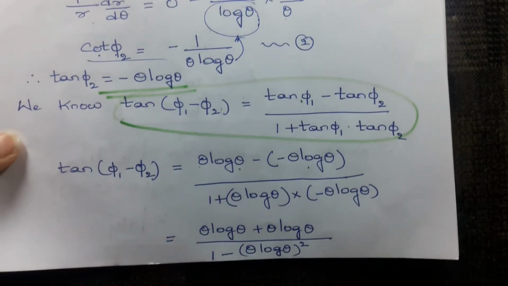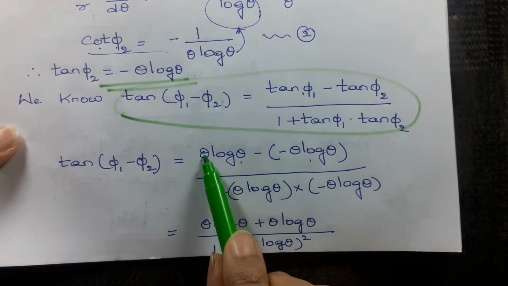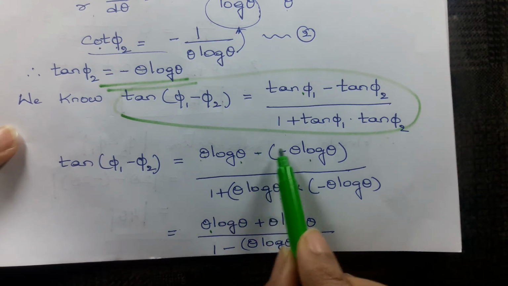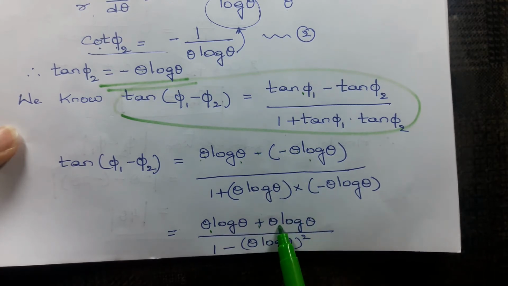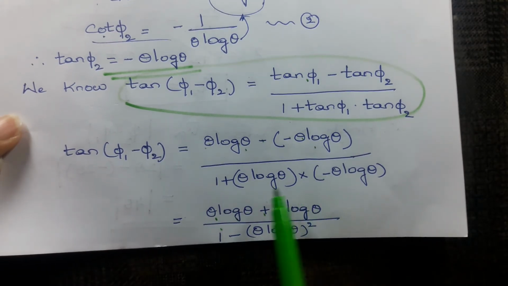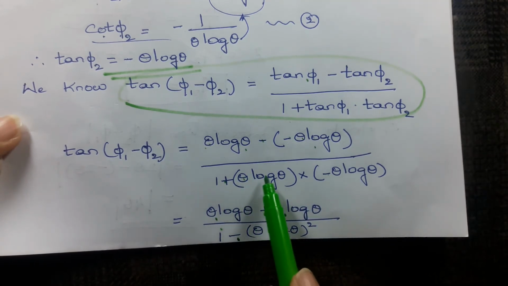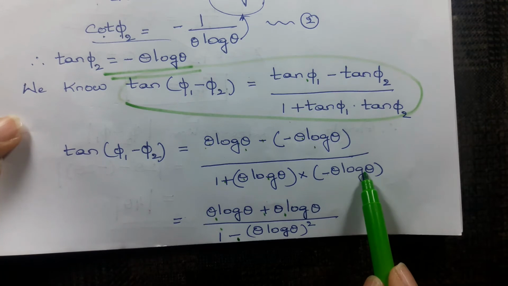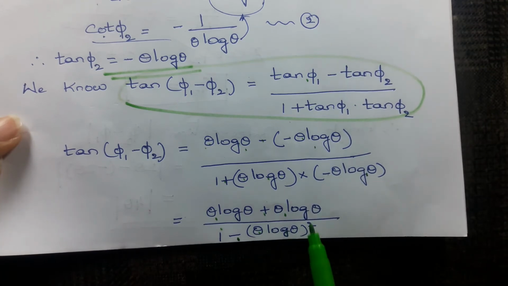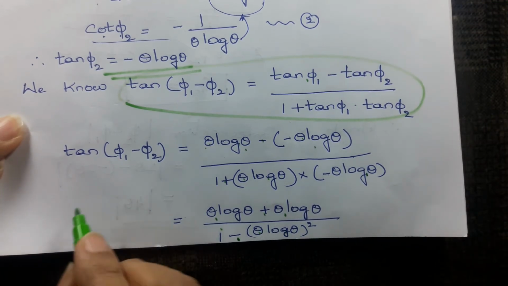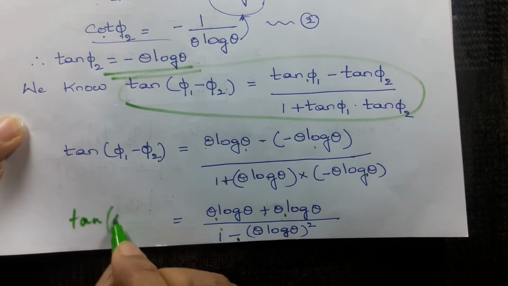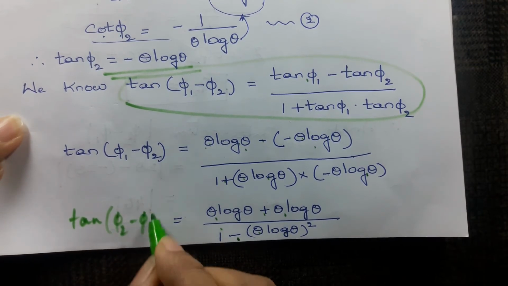So theta log theta minus into minus plus theta log theta, divided by 1 plus into minus becomes minus, theta log theta into theta log theta is theta log theta whole square. This is tan of phi 1 minus phi 2.